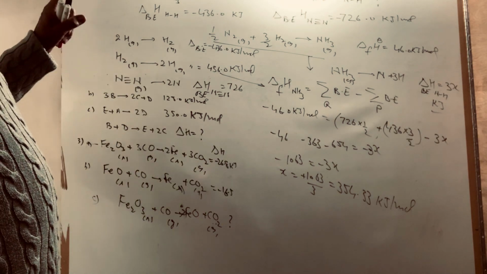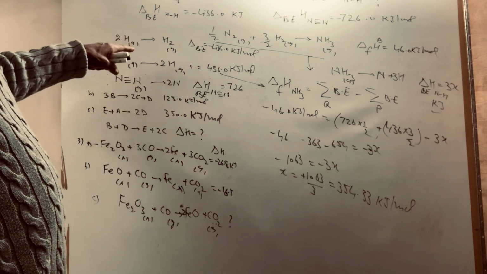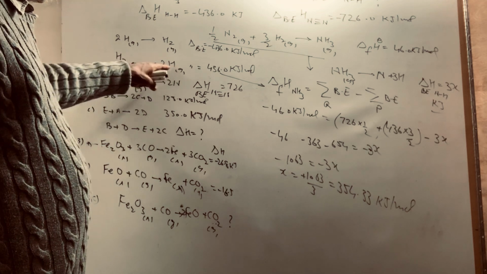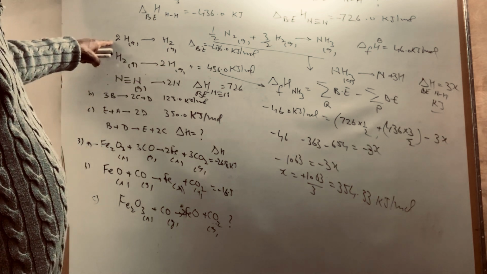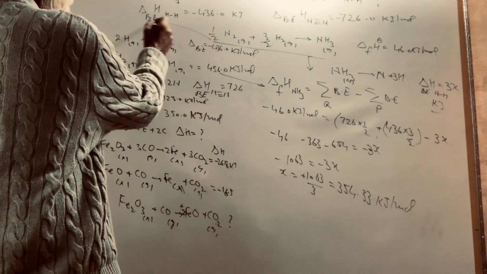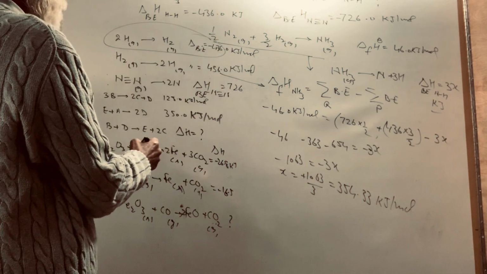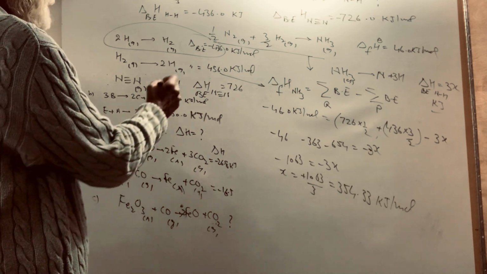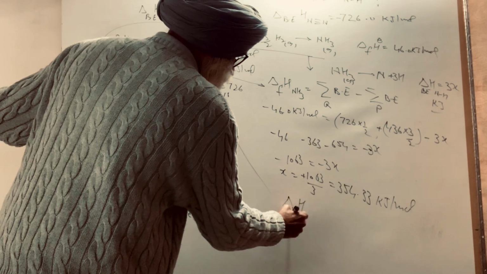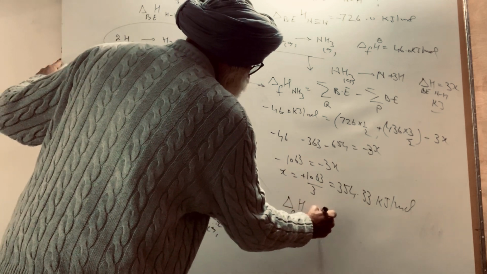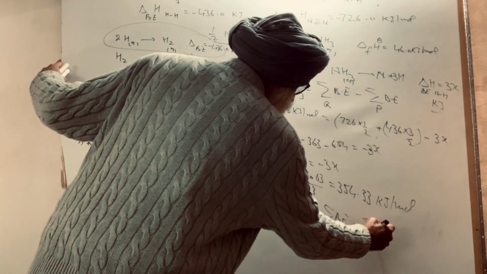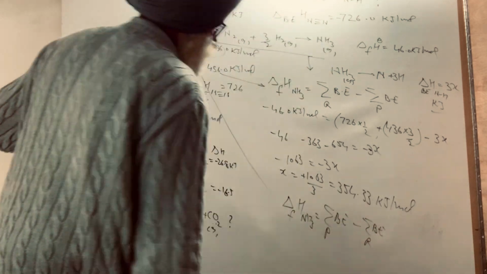Now this method is used when we are using bond energy as bond dissociation, bond breaking. If you are using the other convention, then delta HF will be given by bond energy of product minus bond energy of reactant.